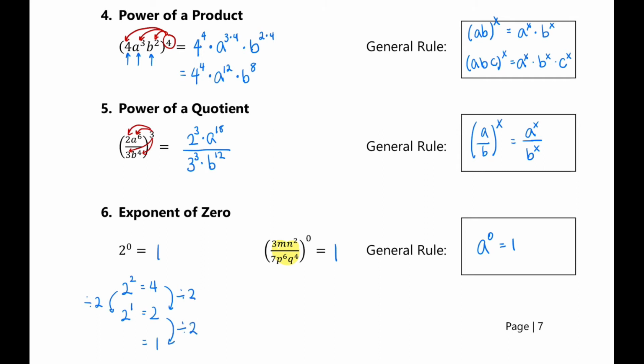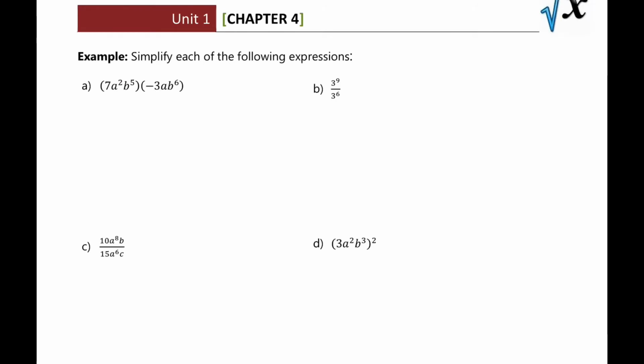Then you get 1. But notice that our exponent on this side will go down by 1. So 1 minus 1 is 0. So we have 2 to the power of 0 equals 1. All right, on the next page, let's go over the example.